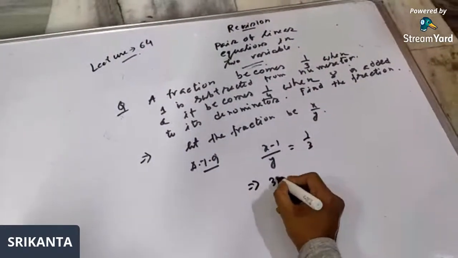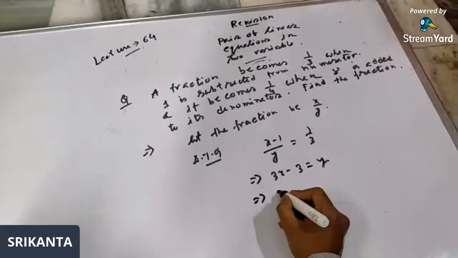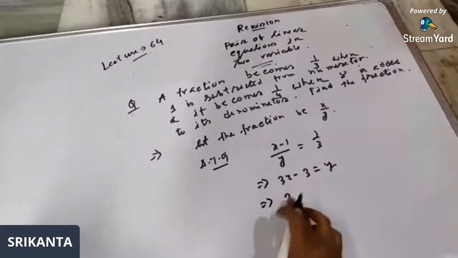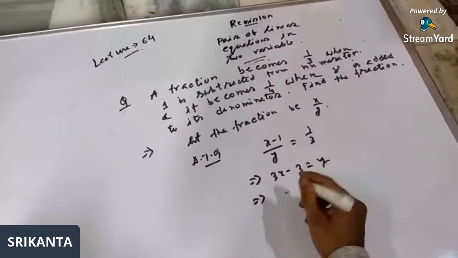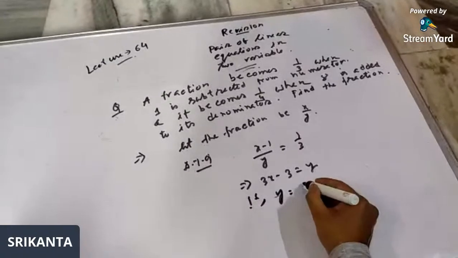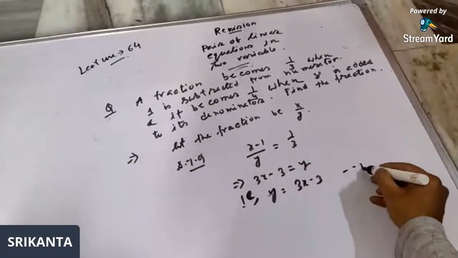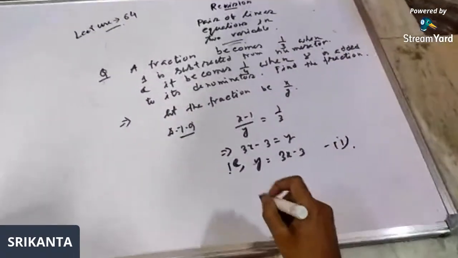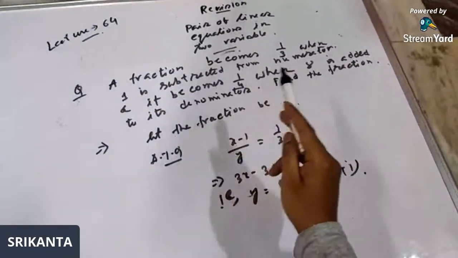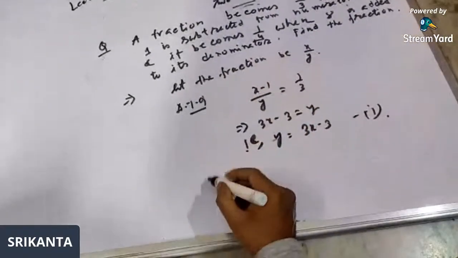This is equal to 1 by 3, given. Now cross multiply. That means keep it like this, because we will use substitution. Clear? Similarly, the second statement says it becomes 1 by 4 when 8 is added to its denominator.